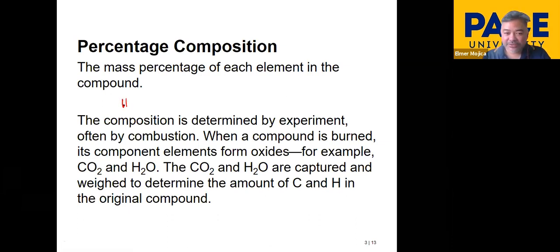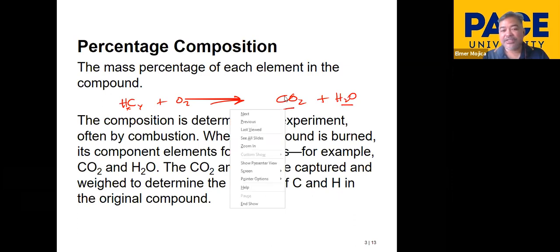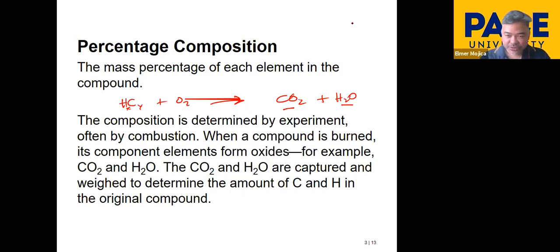So you have any hydrocarbon reacting with oxygen. Usually what you produce is CO2 and H2O. Once they are able to determine the H2O and CO2, they correlate it and come up with the exact composition of the given hydrocarbon.